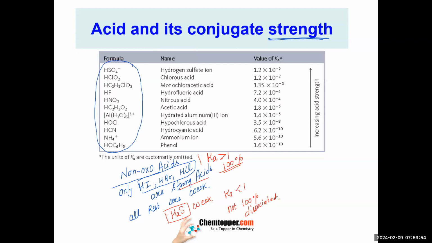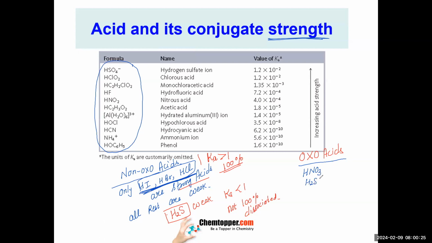Now, this is non-oxo acids. In case of oxo acids, I'm writing some rules here. We don't have a very simple rule like this. This is simple. You need to memorize these three and rest all are weak. Things are over. But here, you need to memorize important acids. They are strong. HNO3, which is called nitric acid.